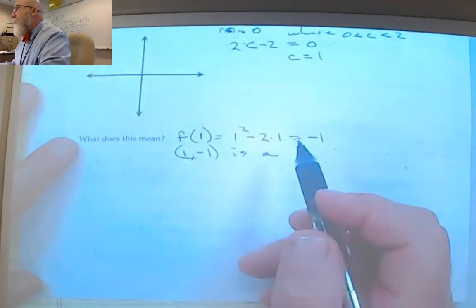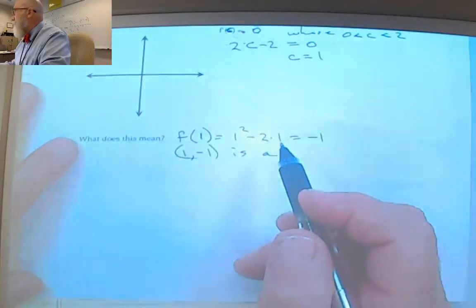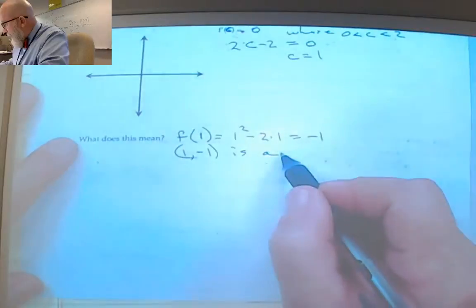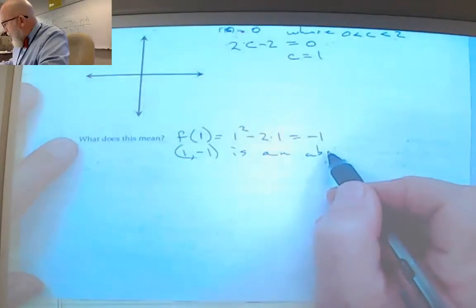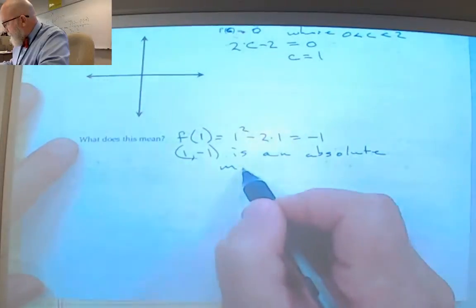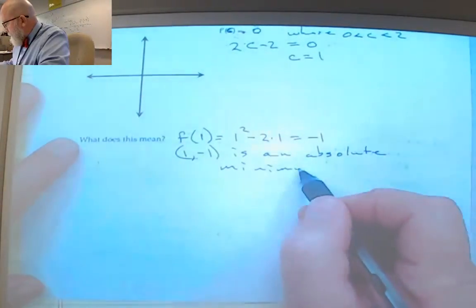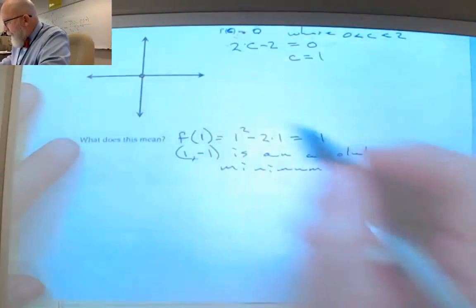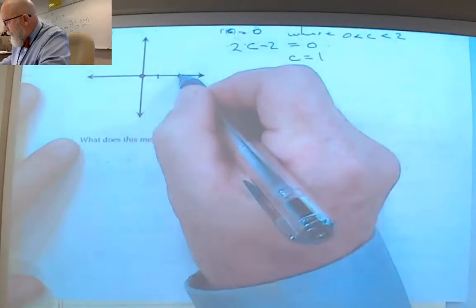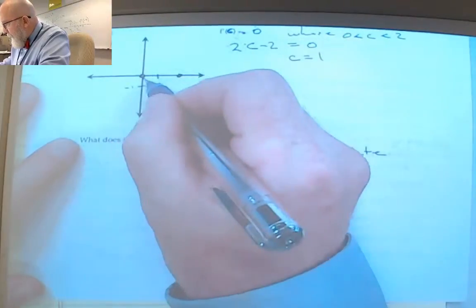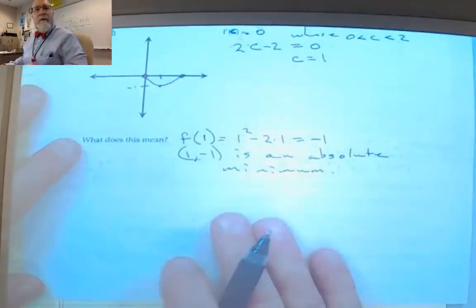So what kind of point? It's an absolute minimum. Let's see if that works. 0, 0, 1, 2, 0, 1, negative 1. There's my graph. Here's my closed interval.